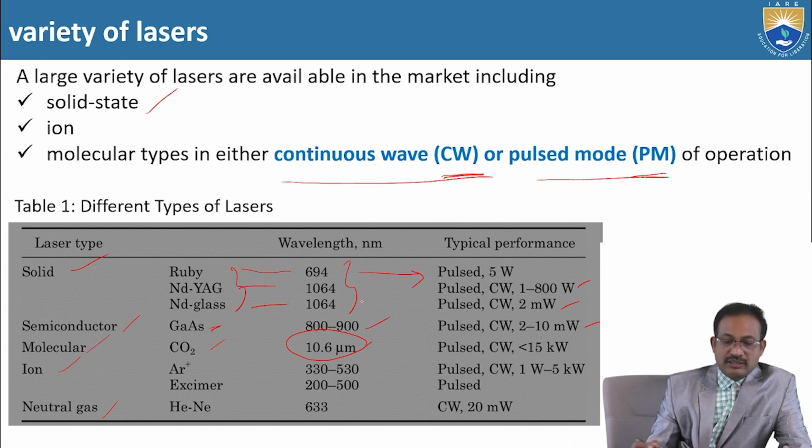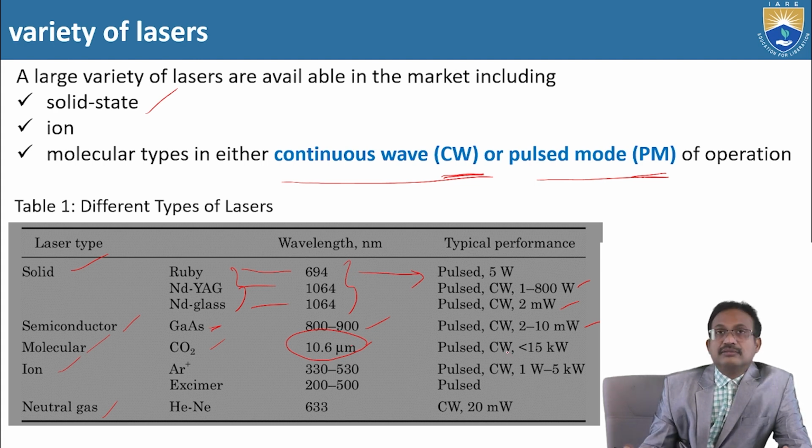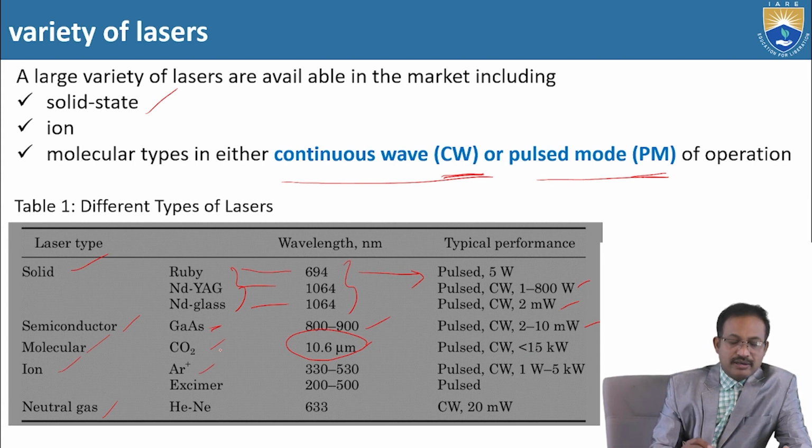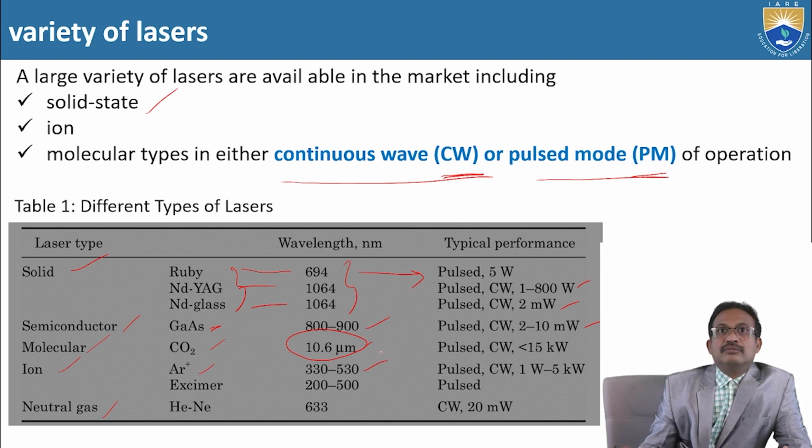So it is not nanometers, it is micrometers. It is pulsed and continuous wave, less than 15 kilowatts. For ion, Ar+ or Sn+, it is 330 to 530 nanometers. It is also pulsed and continuous wave, 1 watt to 5 kilowatts.